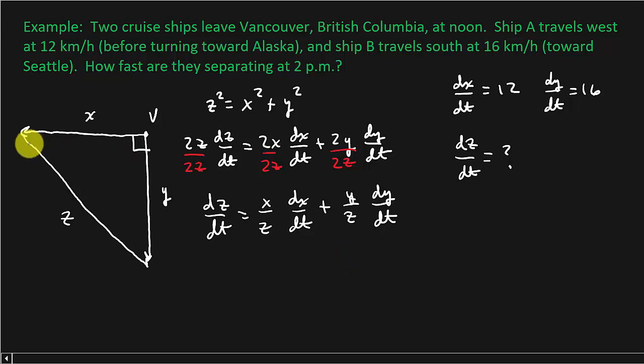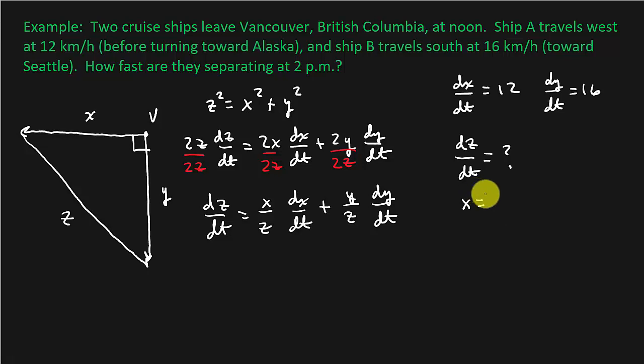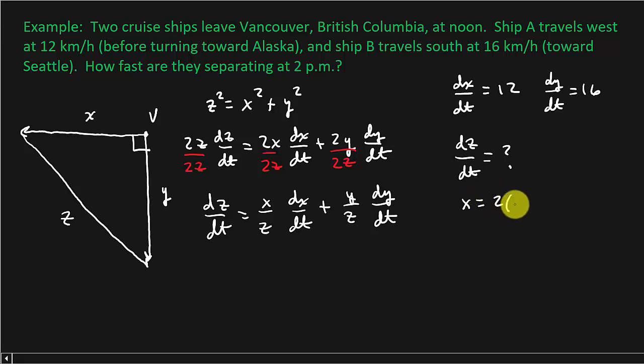So x would be the distance, y would be the distance, right? So x is going to be 2 times 12, which is 24, y is going to be 2 times 16, which is 32.